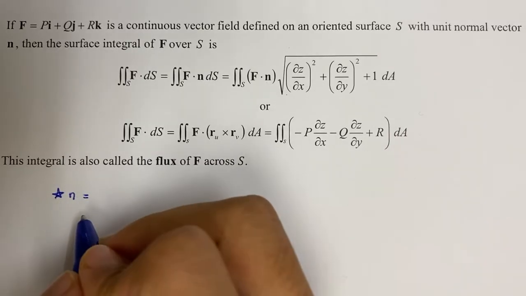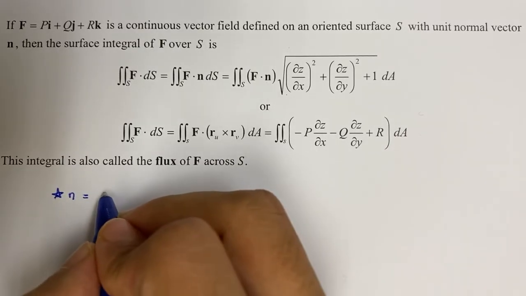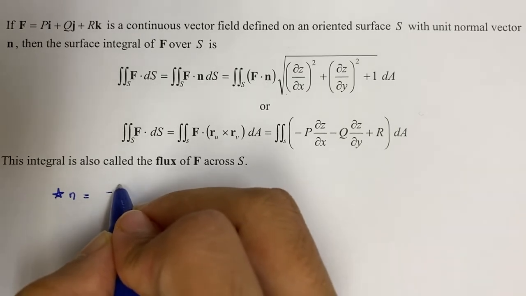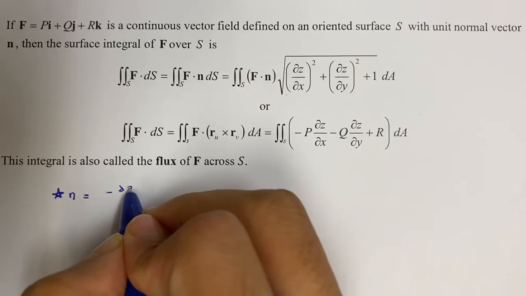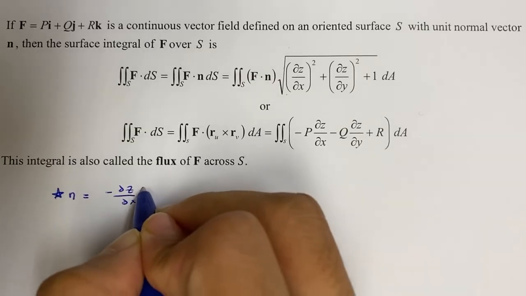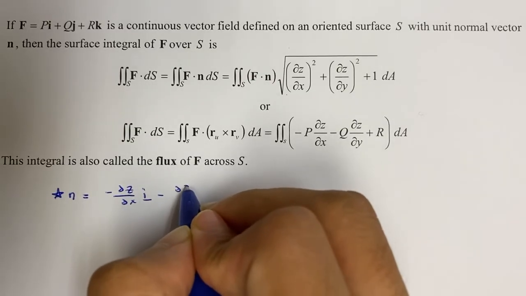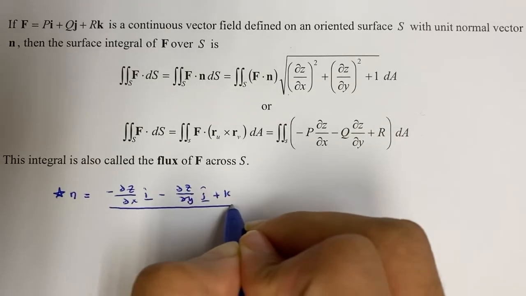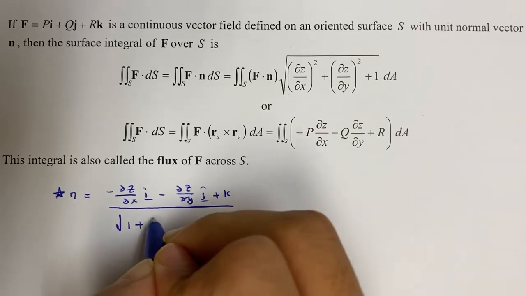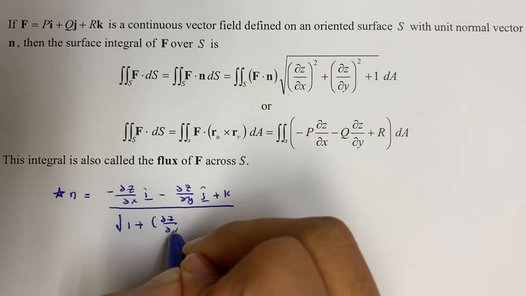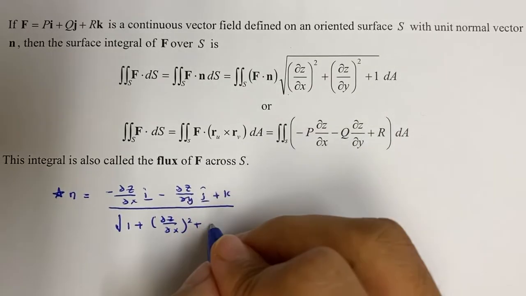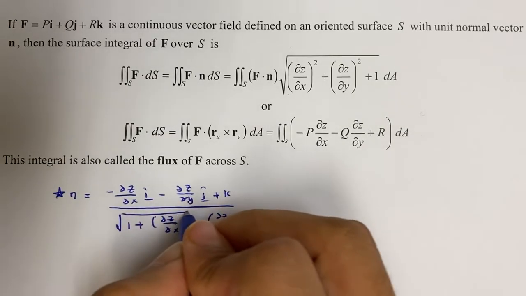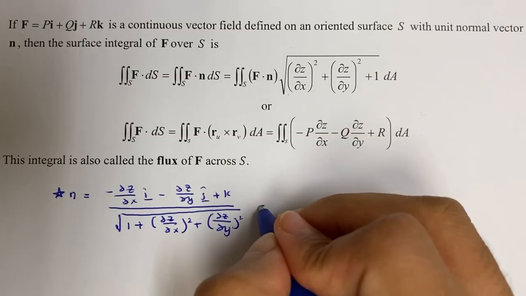And for the positive n, it is equal to negative del z over del x i minus del z over del y j plus k, divided by the square root of 1 plus (del z over del x) squared plus (del z over del y) squared.